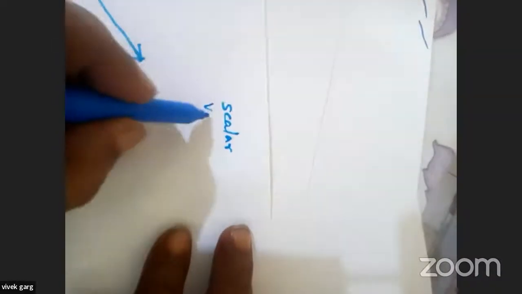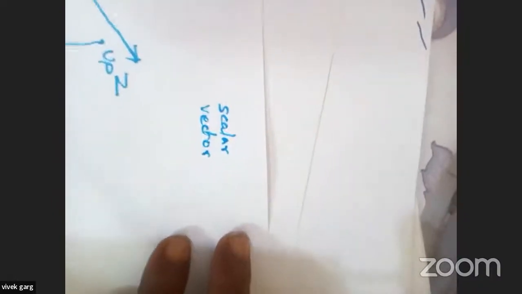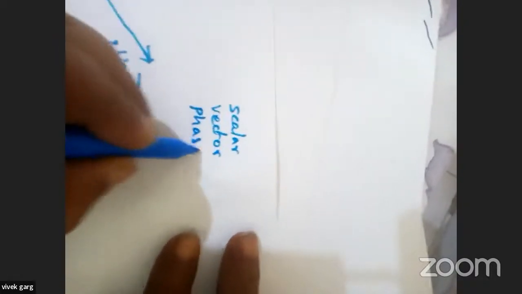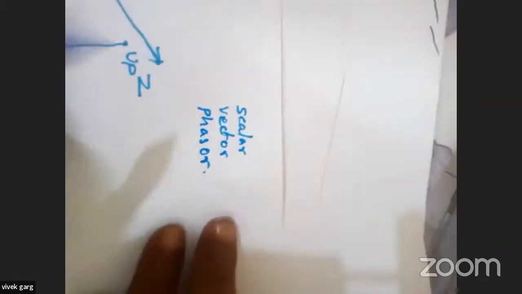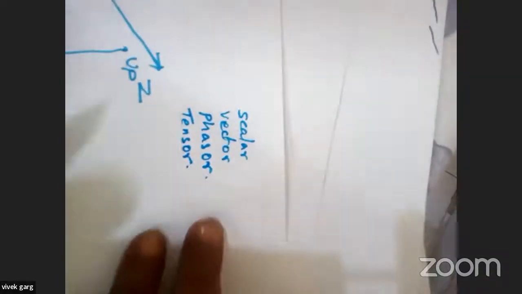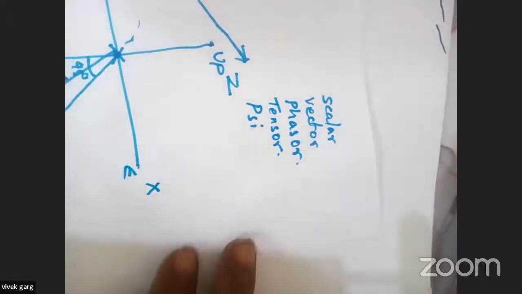Then comes vector quantity. Third is a phasor. Fourth is a tensor. And fifth is a psi quantity. Make sure that you note them down.